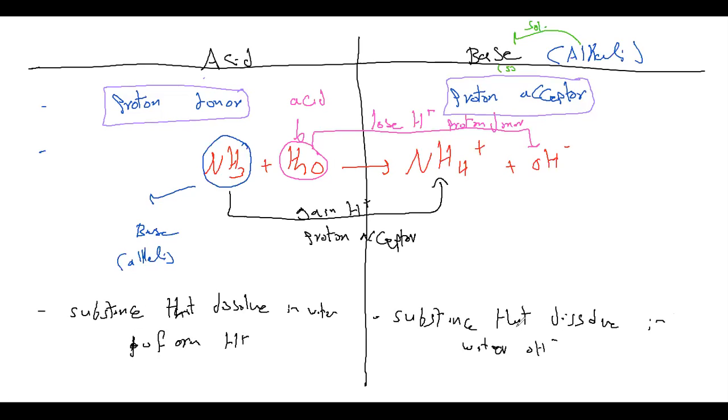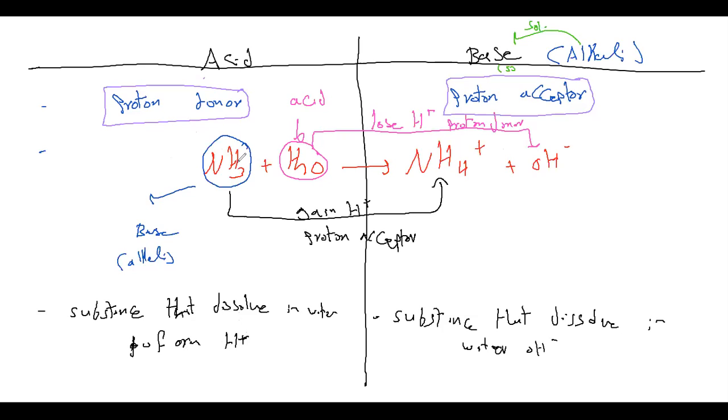So again, the difference between acid and base: acid, proton donor, base, proton acceptor; acid, substance that dissolves in water to form H positive, base, substance that dissolves in water to form OH negative.